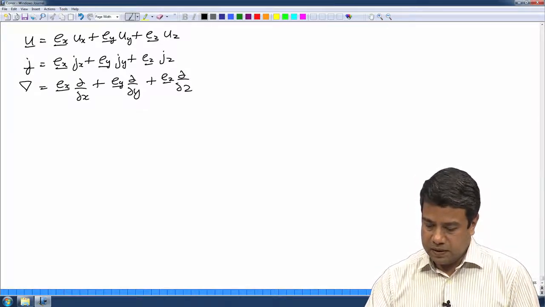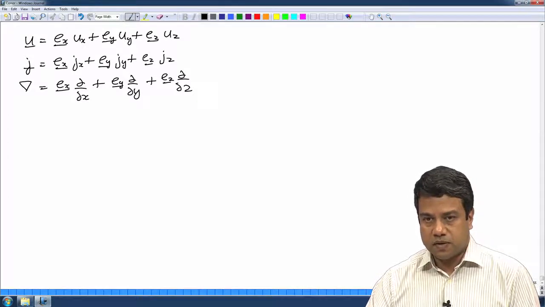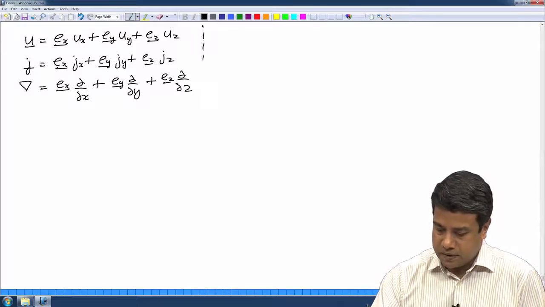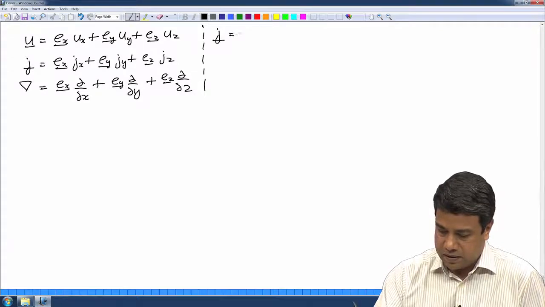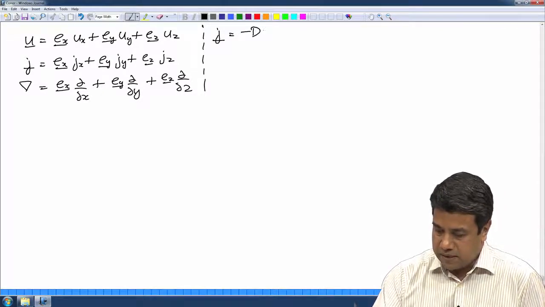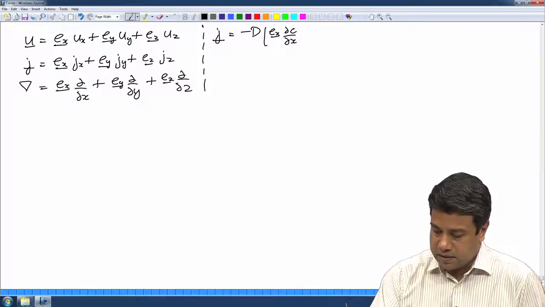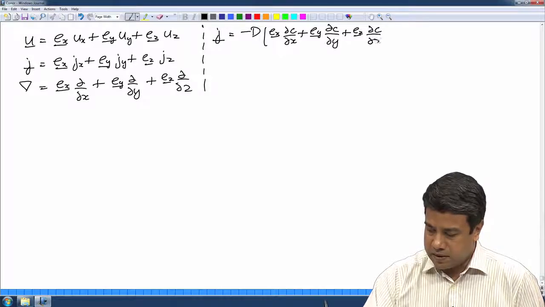Now, this will help me write the equation much more compactly. So, the first thing, the flux j vector is equal to minus D into Ex partial c by partial x plus Ey partial c by partial y plus Ez partial c by partial z.